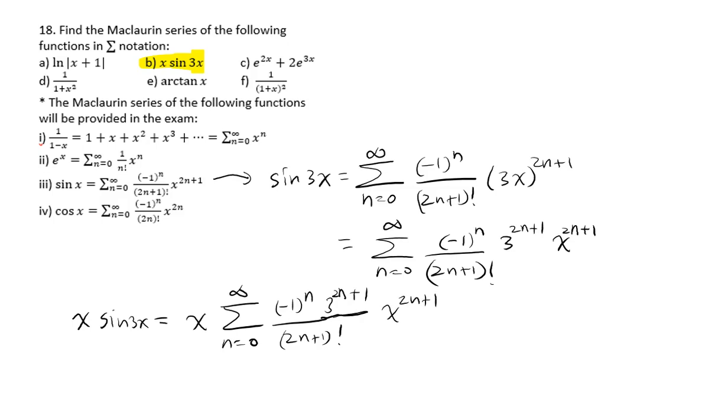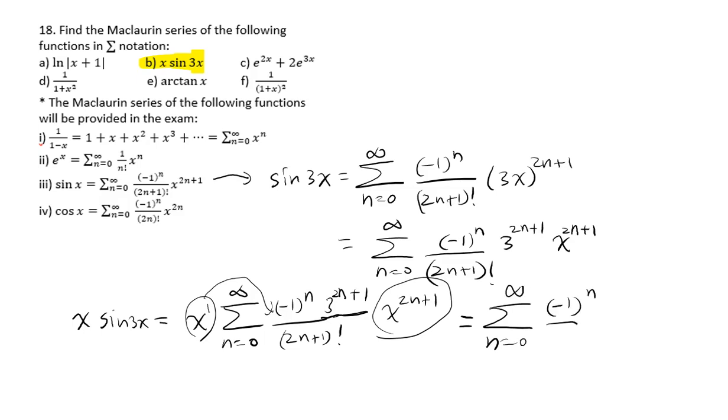Since x is multiplied with this, when it goes inside the sigma you have x to the first power times x to the 2n plus 1, and because of the exponent rule, the exponents add up. You finally end up with sigma n equals 0 to infinity of negative 1 to the nth power over 2n plus 1 factorial, times 3 to the 2n plus 1, and then x to the 2n plus 2.